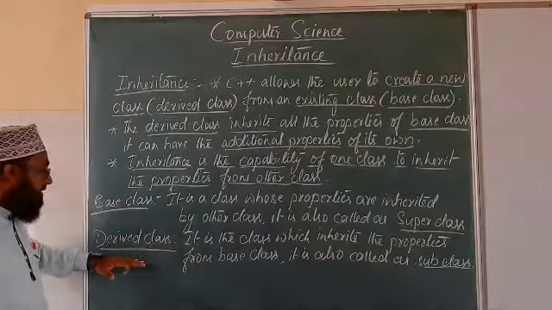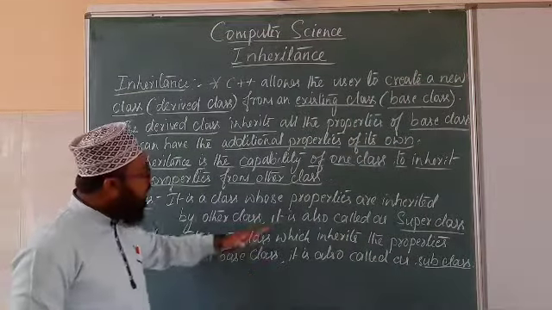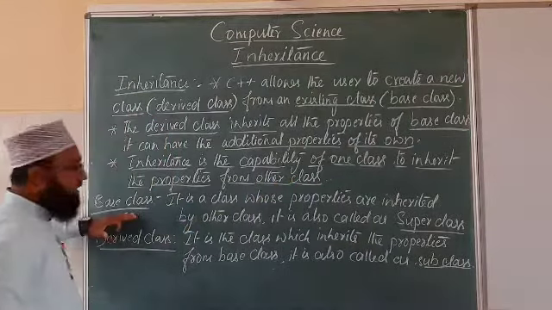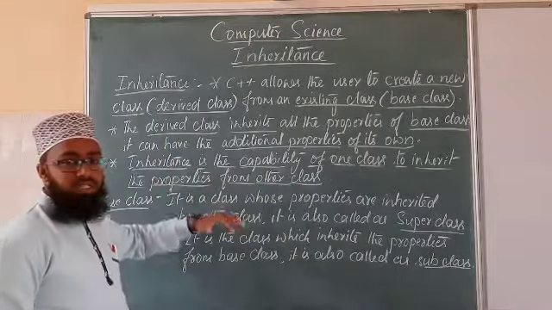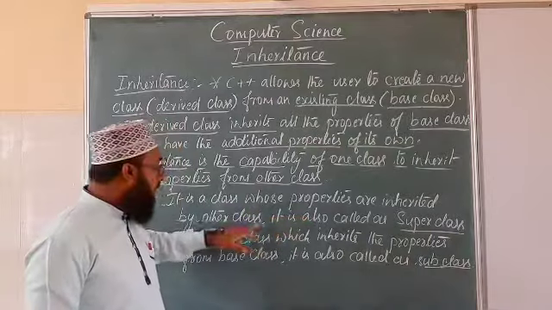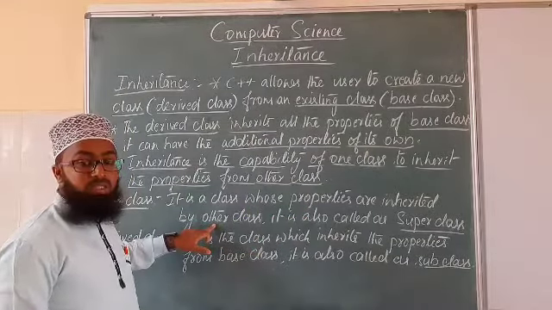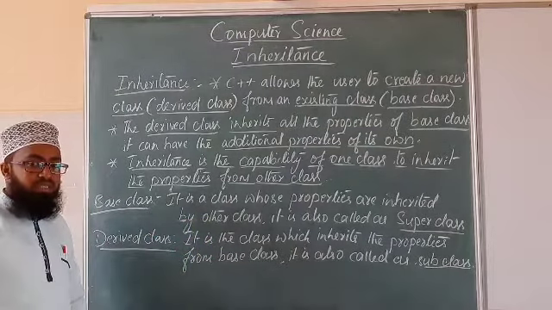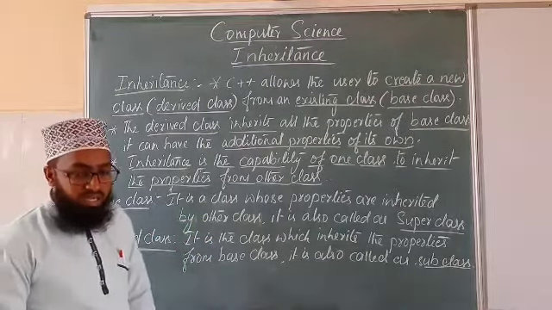The derived class is the one which inherits properties from the base class, and the base class is the one whose properties are inherited by the derived class. So these are called as derived class, base class and inheritance.